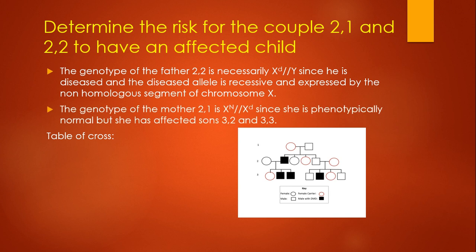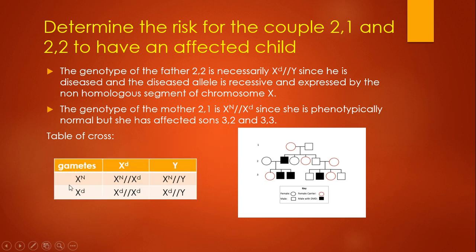The genotype of his wife, the mother, number 21, is XNXD. She obviously has the allele XN because she appears to be phenotypically normal. She obviously has the allele XD because she has affected children who definitely have inherited the XD from their mother. This proves that the genotype of this mother is XNXD.